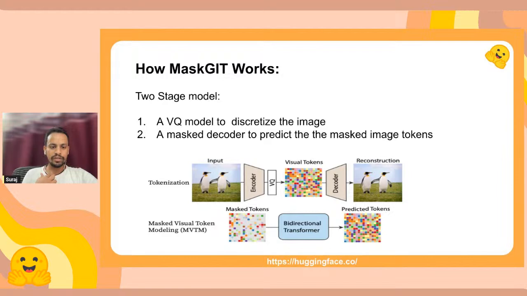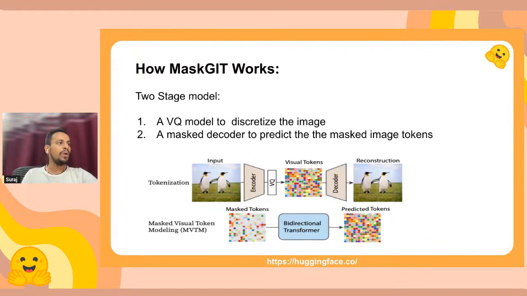Basically, the VQ part has an encoder and decoder. The encoder takes an image and creates a discrete representation of it, so you get discrete integer tokens, and the decoder can take those discrete tokens and turn them back into the image. Then there's another transformer model, which is a BERT-like mask transformer model.